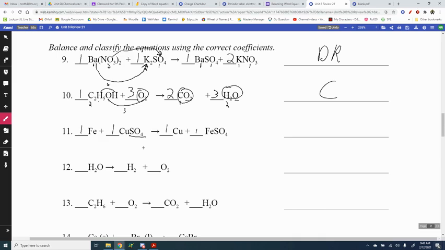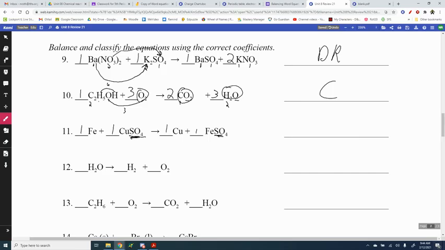So what I mean by that is here we have SO4. Here we have SO4. If we had SO4 on one side and SO3 on the other, then we wouldn't be able to do that. But since they are both the same on both sides, then we can just count them as one thing. Okay, so this is already balanced.